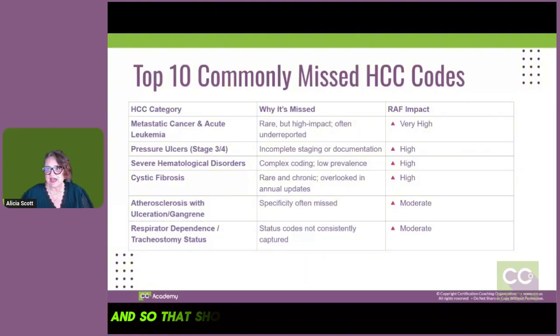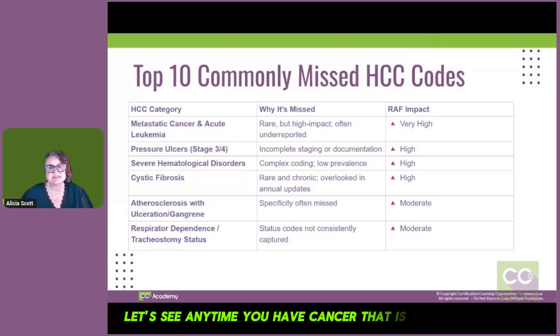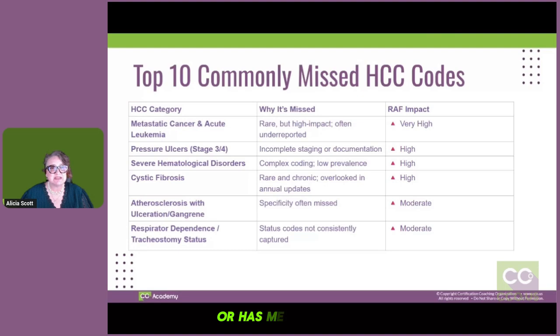And so that shows you how important specificity is. Anytime you have cancer that is active or has metastasized, it risk adjusts very high. And it really changes the RAF score. The RAF score goes through the roof for those.